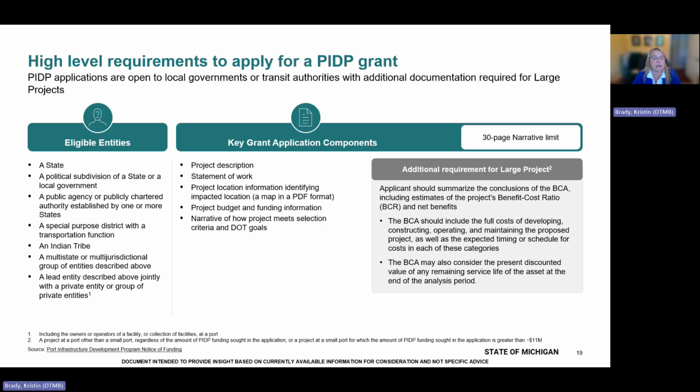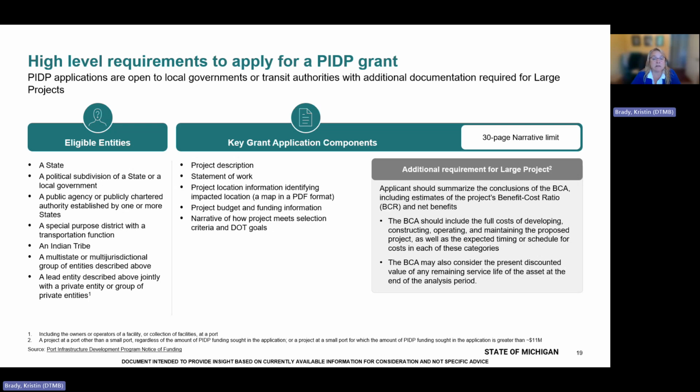So these are all public entities, but they can be in partnership with a private entity or a group of private entities. Key grant application components that you'll need to pull together: project description and statement of work, the location information and mapping and all of that, budget and funding information, and then a narrative of how it meets selection criteria and Department of Transportation goals.